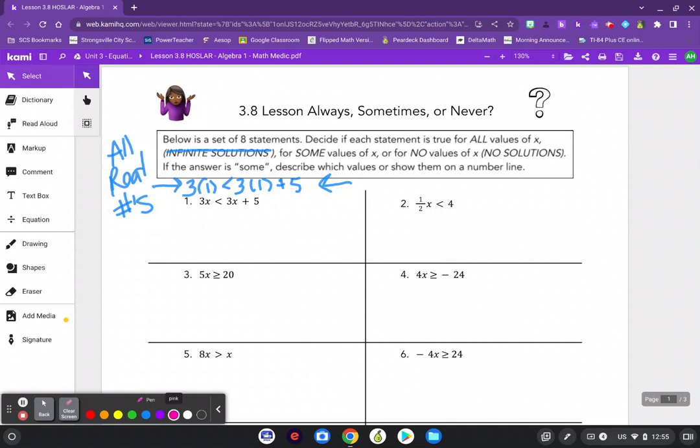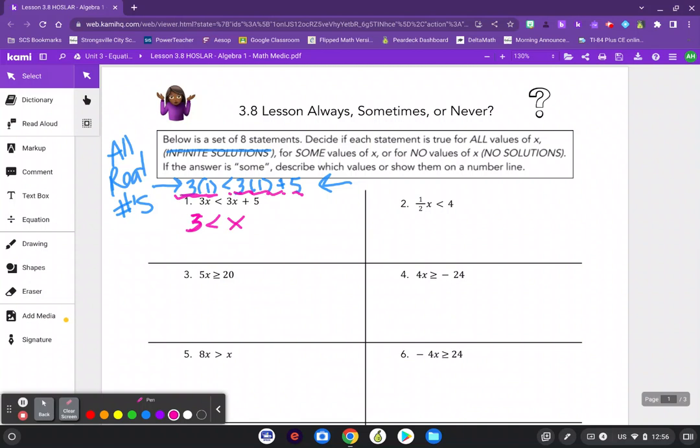And so it turns out that this is always true. If I substitute a number in for x and add 5 on only one side, then this result will always be bigger than this result, or this result will always be smaller.